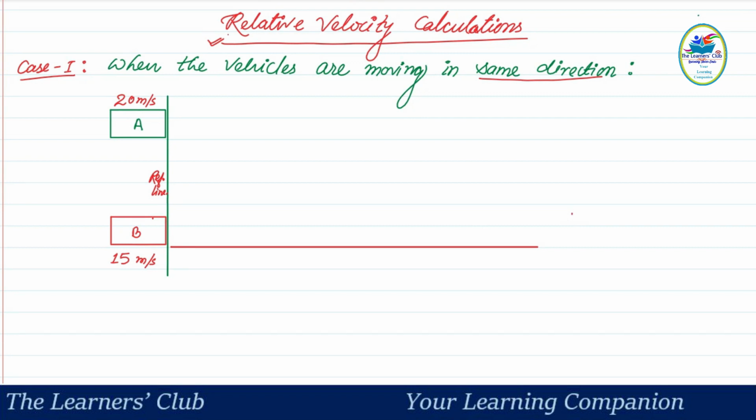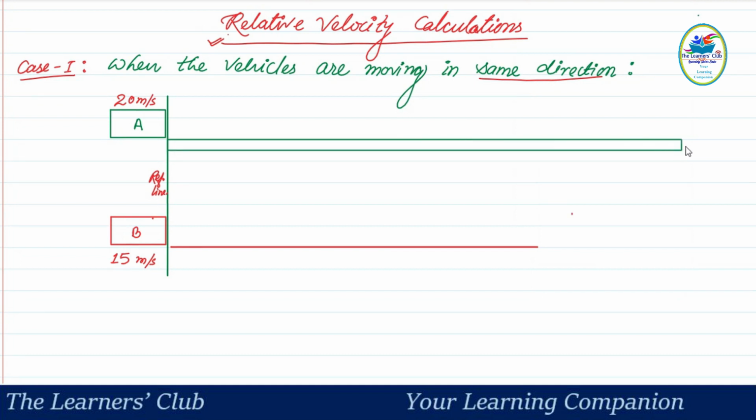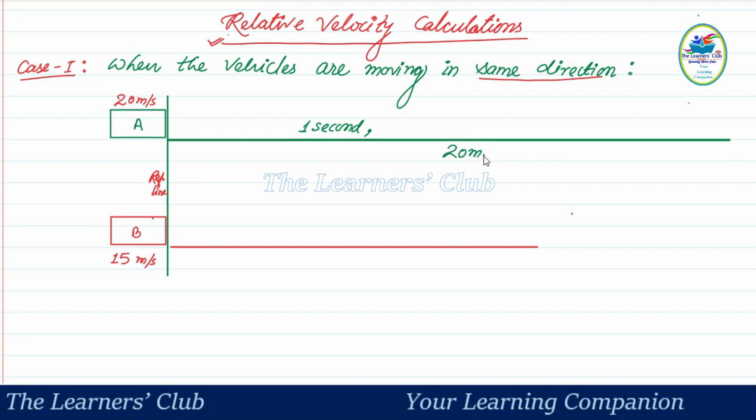But on the other hand, the first vehicle goes covering a distance of exactly 20 meters. So for this also the time is 1 second. The distance traveled is 20 meters up to here. Vehicle A reaches up to here. Are you clear up to here or not?